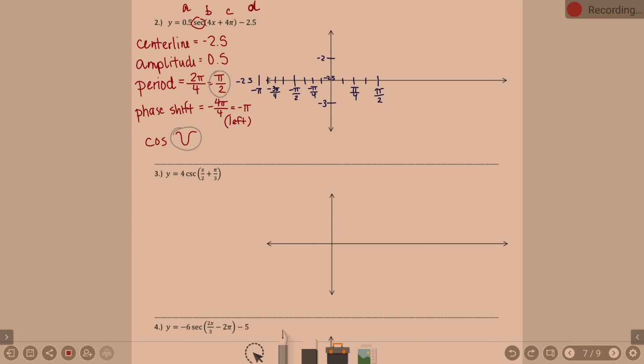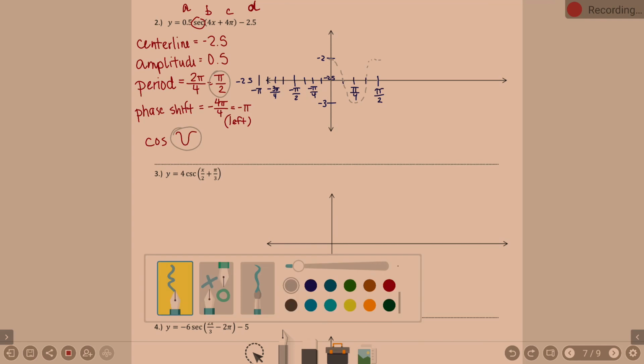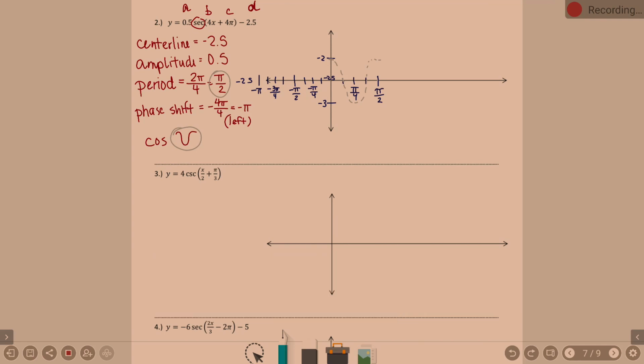And what's a typical cosine curve? Starts up high, cuts through at the first quarter, a minimum in the middle, cuts through at the third quarter, and maxes at the top, yes? But what do I really need to do?